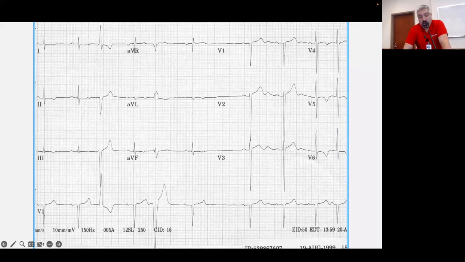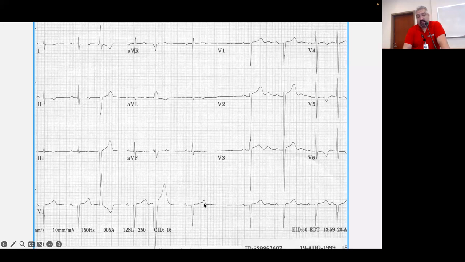So here we see a normal beat, PAC, normal beat. Here's the P wave. Do you see that blip on top of the T wave? But this beat's wide, and that's because this one is being conducted aberrantly.